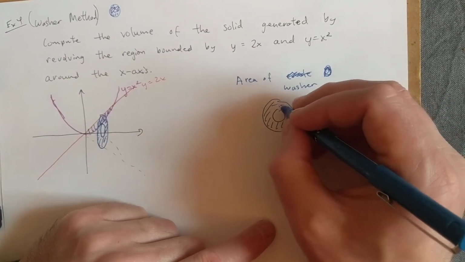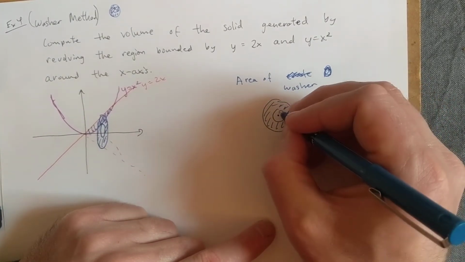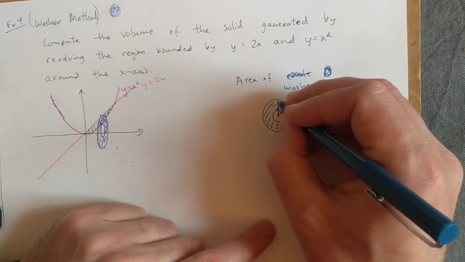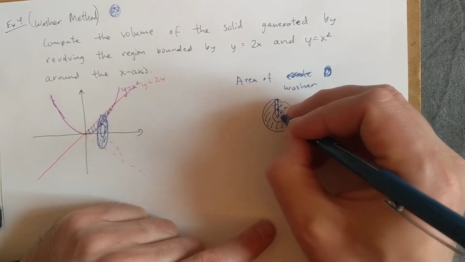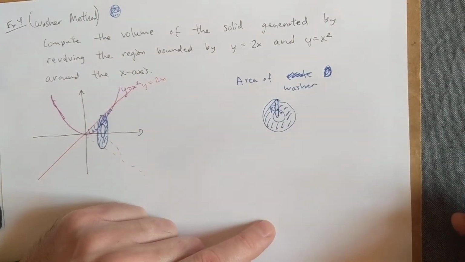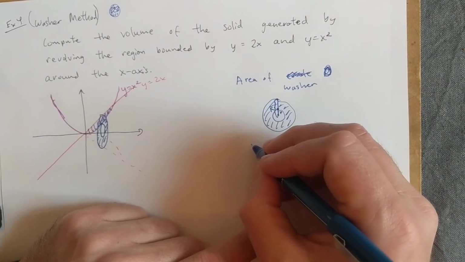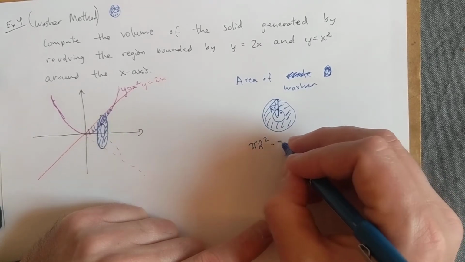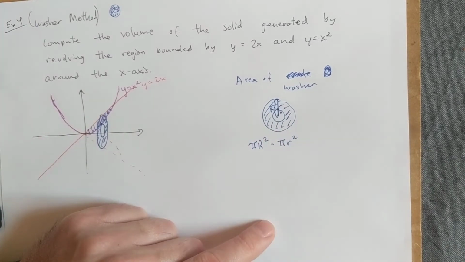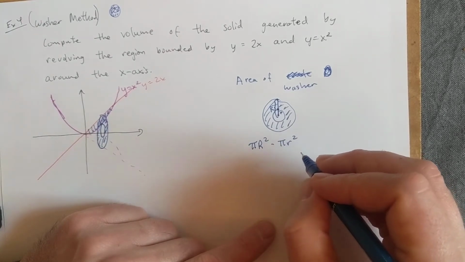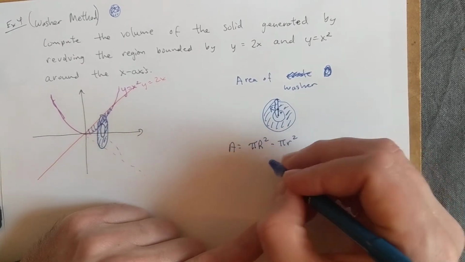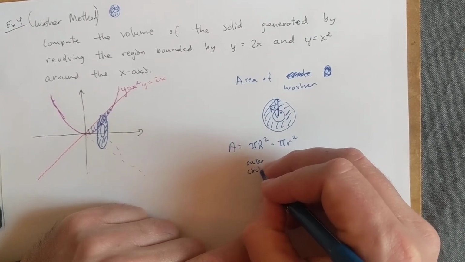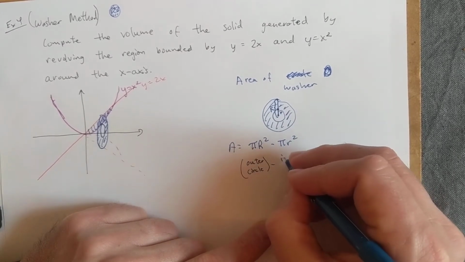So we'll call this one little radius, and then if we go all the way out from the middle, call it capital R. So the area of this thing is going to be the area of the outer circle, pi large R squared, minus the area of the little circle, pi little r squared. This is outer circle minus inner circle.